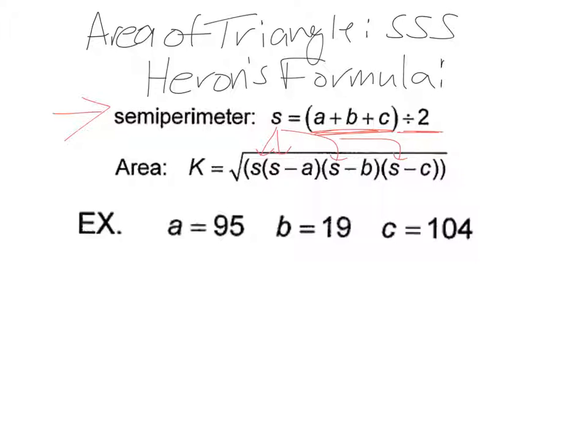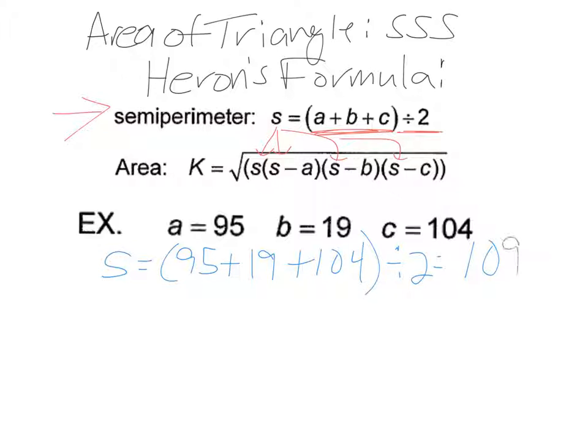So let's do this example. We have all three sides. The first thing to calculate is the semi-perimeter. So I add up all three sides and divide by 2. That comes out to be 109.